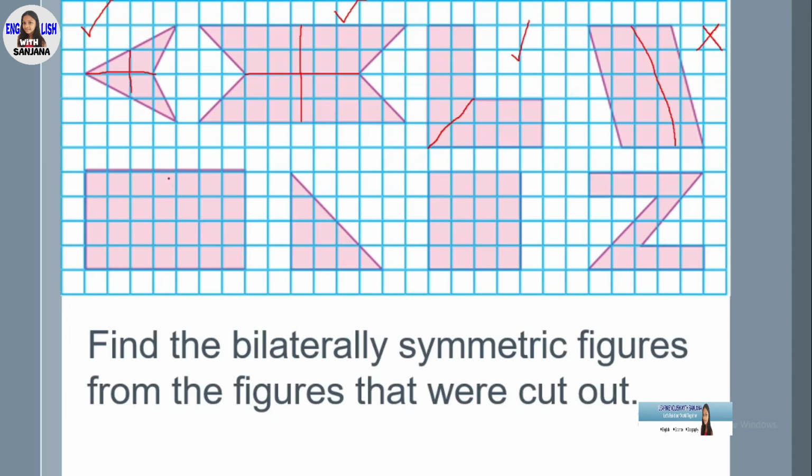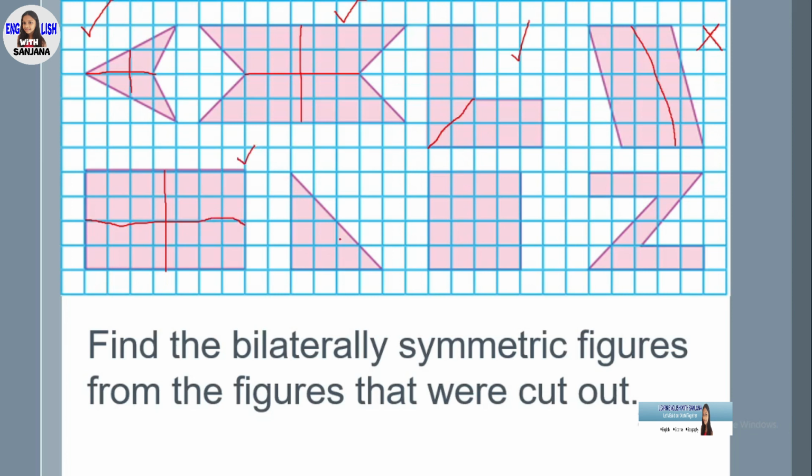The next one. This figure, is this a bilateral symmetric figure or not? Let's see. If we draw a straight line segment from this point to this point, then they will coincide. And also we can draw another axis of symmetry. So this is a bilateral symmetric figure.